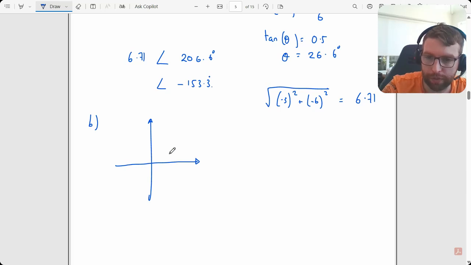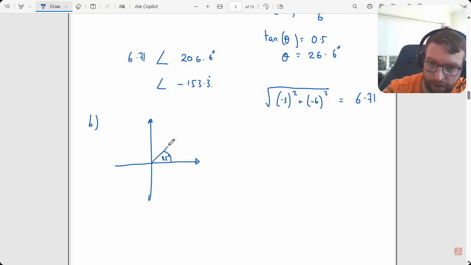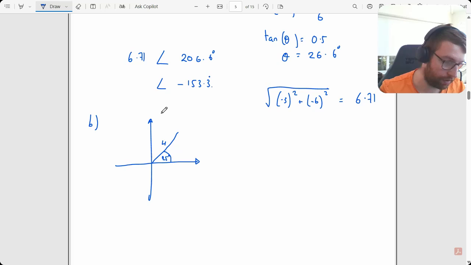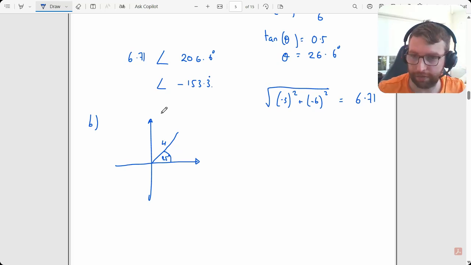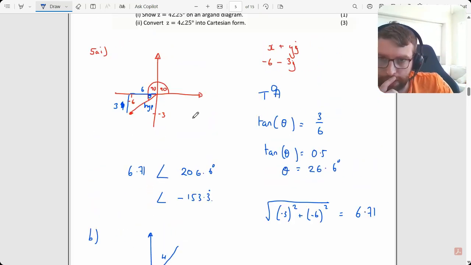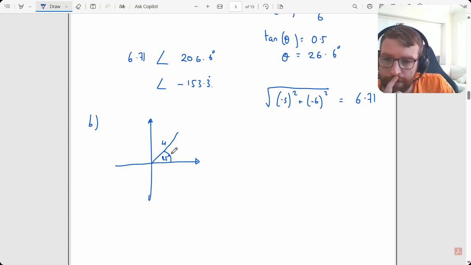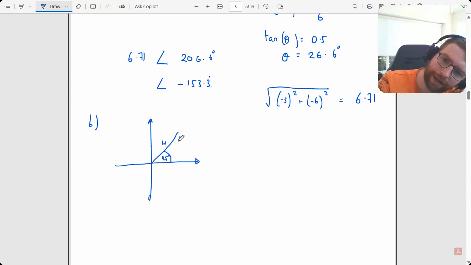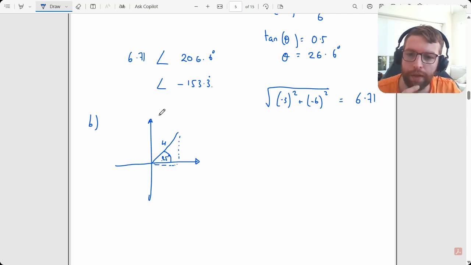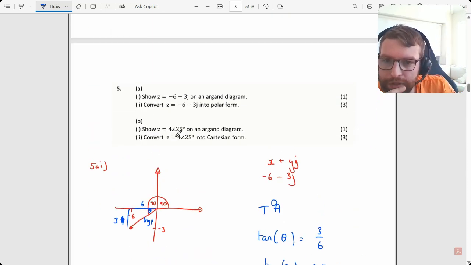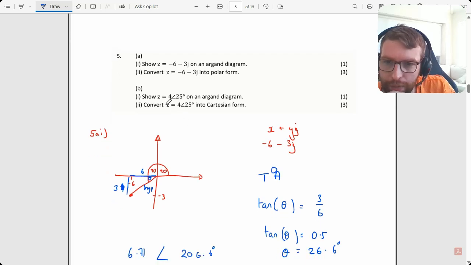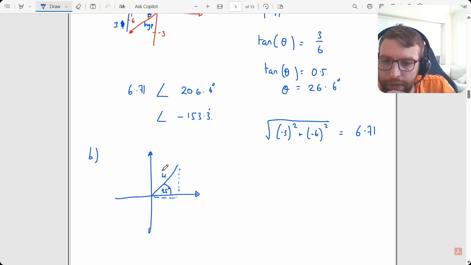So all we're going to do is draw an angle of 25 degrees, not to scale, and then a 4 here. Now there's a good point actually. You might have to draw it to scale, so protractors and things like that. I'm not sure on the context of the exam. And then from there, we are finding these points and these points across. Just go in the opposite direction. So that's your 1 mark for drawing it.